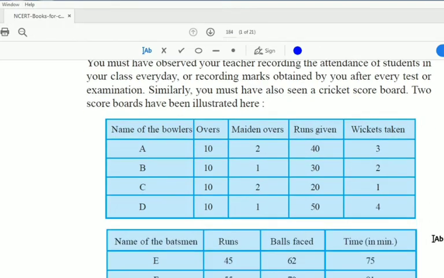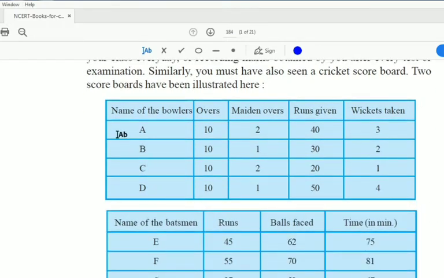Now dear students, you can see these two charts. Name of the bowlers, overs, maiden overs, runs given, wickets taken. So I think your favorite game is cricket and you know the meanings of bowlers, overs, maiden overs, runs, wickets. Is it right? So here are some names of the bowlers.